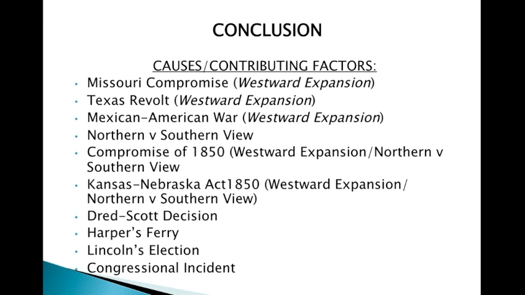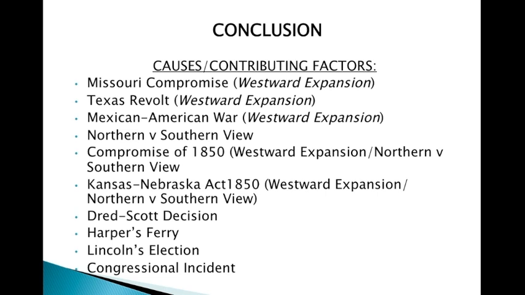There was the Compromise of 1850, which also involved westward expansion, and it was bringing in California as a free state, and then making provisions for where the other new territories would decide for themselves whether they would be a free or slave state. This also contributes to that northern view versus southern view of the expansion of slavery.